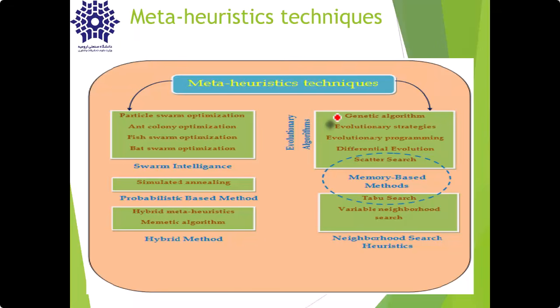Also, some categories of meta-heuristic algorithms are probabilistic-based methods like simulated annealing. There could be hybrid methods like hybrid meta-heuristics, memetic algorithms, and also neighborhood search heuristics like taboo search and variable neighborhood search algorithms.